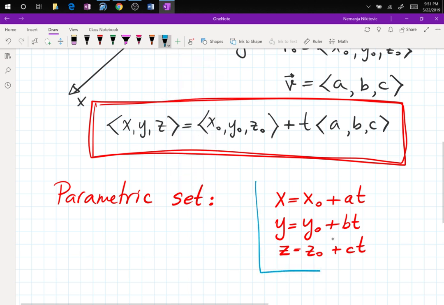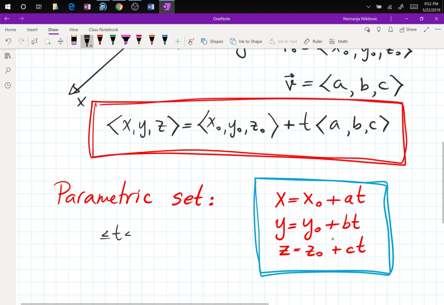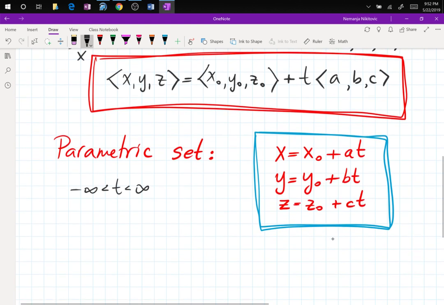This is the parametric set. 3 equations as a parametric set to describe one straight line in 3D. It's worth mentioning that t is in between negative infinity and positive infinity. If you don't specify that t is in between infinity, it's understood, but you can come up with a line segment, right?